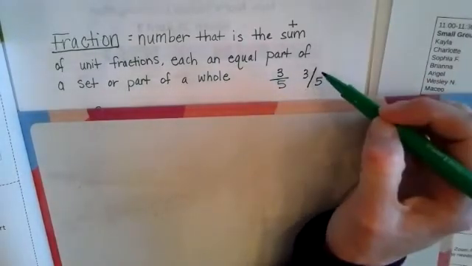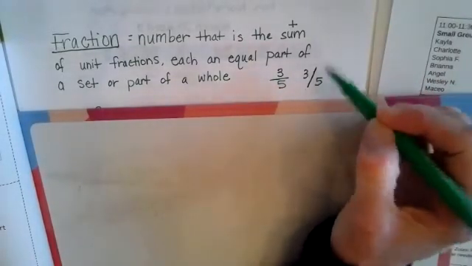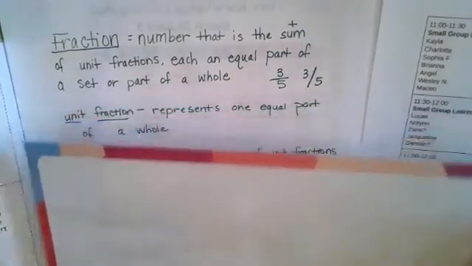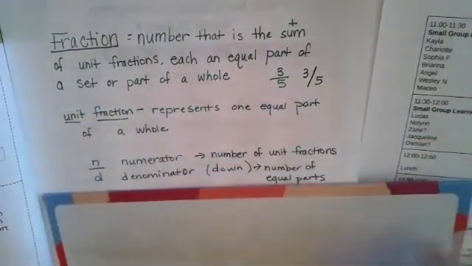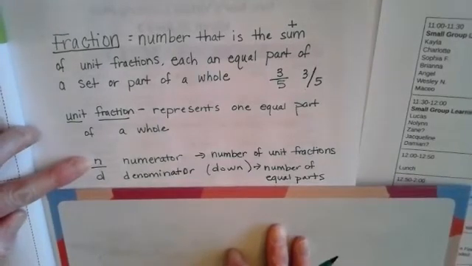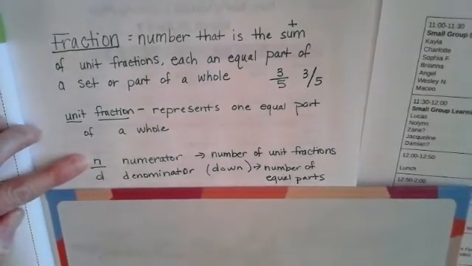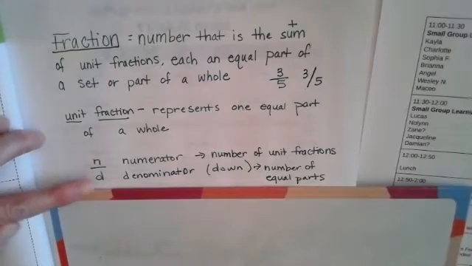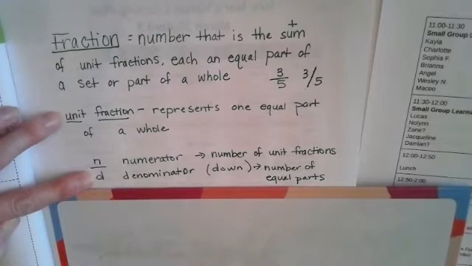When we say that it is the sum of unit fractions, we know that the top part of the fraction is called the numerator. That is the number of unit fractions that we have in our fraction. The bottom part of our fraction has a fancy name too. We call it the denominator.